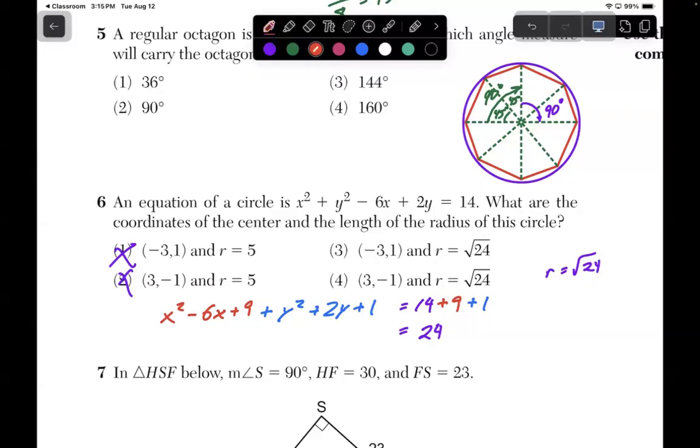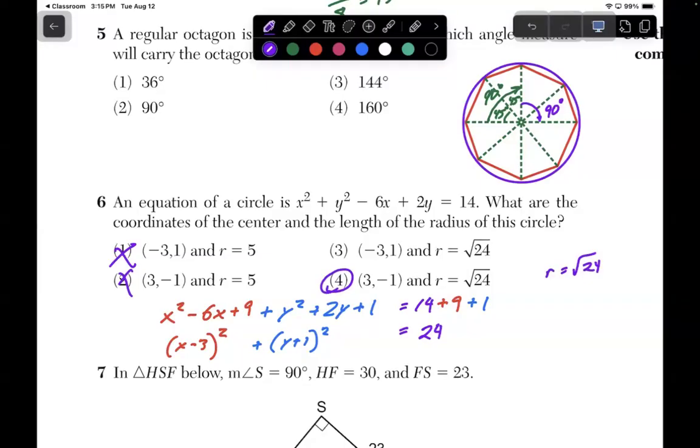If I factor these two things, this would be x minus 3 squared, and this would be y plus 1 squared. So which of these is it going to be? This one.